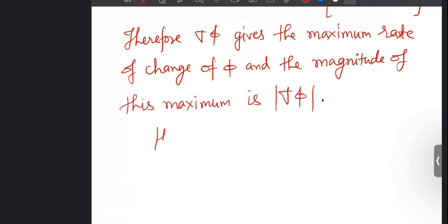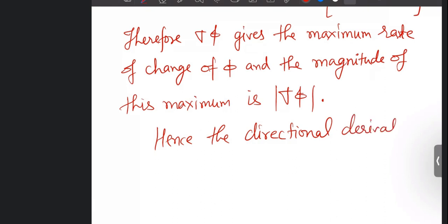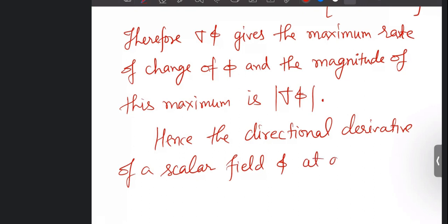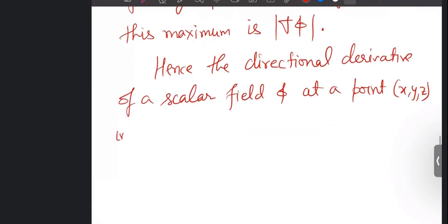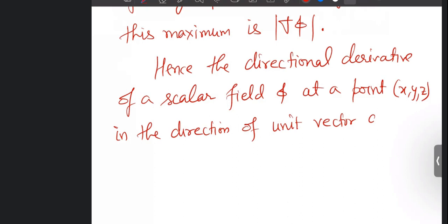Hence, what it concludes is that the directional derivative of a scalar field phi at a point in the direction of a unit vector a is given by del of phi dot product with the vector a.